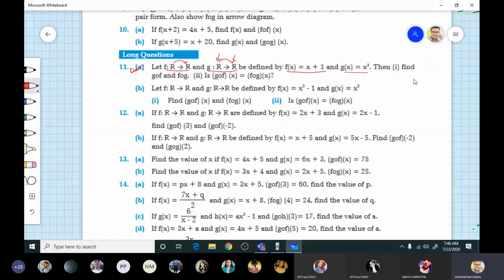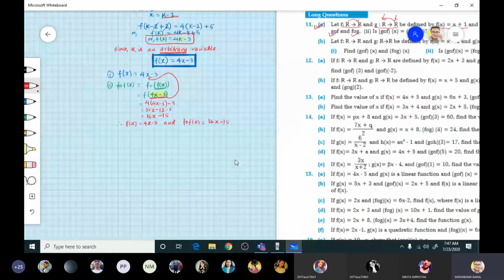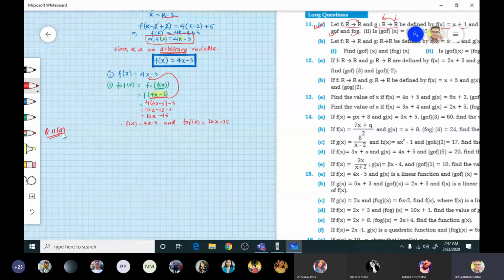Okay, let me solve this quickly. Now let's find f composite g, and g composite f. Okay, I think I need to solve this in another way. Is the question visible there? Okay, let me write the question here. Question number 11, question number 11a.